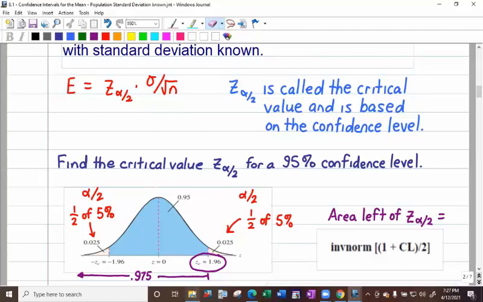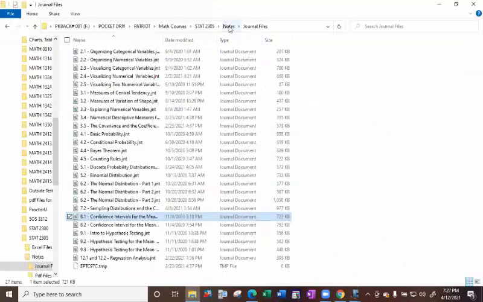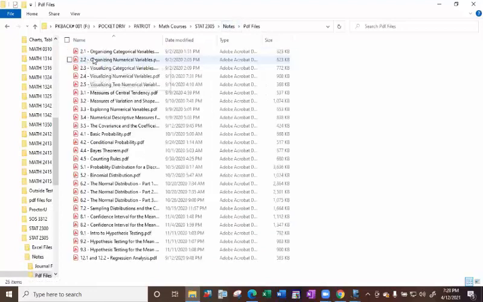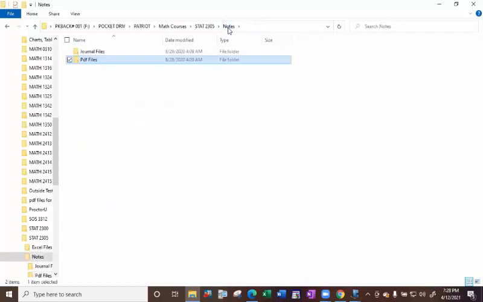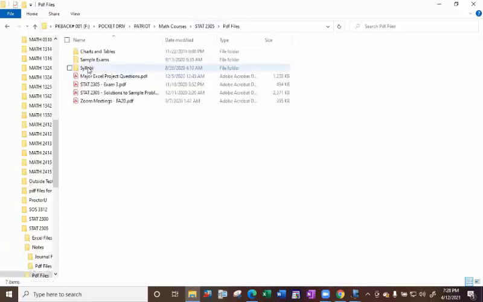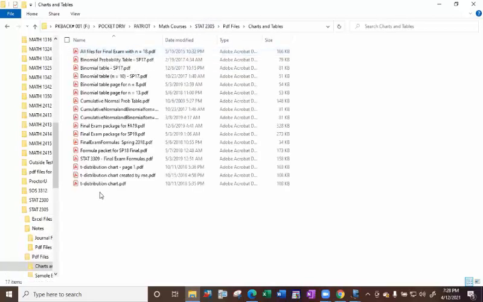I guess I might as well go to the notes here for a second and bring up that chart. And I might as well bring up the next chart. Maybe I hadn't moved these over yet. Oh, there it is. So let me bring up the cumulative normal, have that here. And then I'm going to bring up this next one.